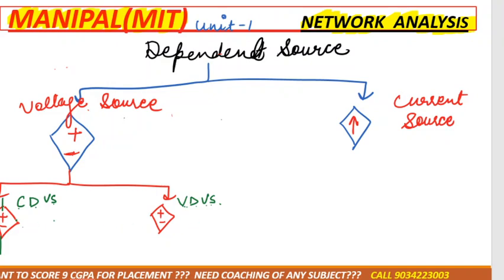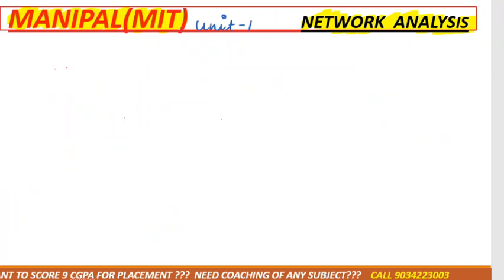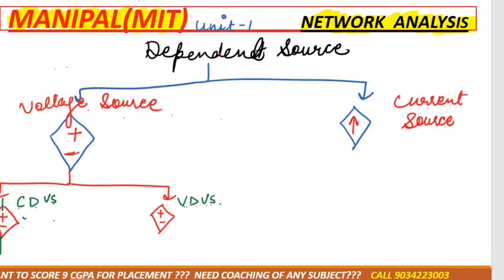Like suppose they have given in the question that its value is 2 into I of x, okay, 2 into I of x, and its value is 2 into V of x. Correct? 2 into V of x.